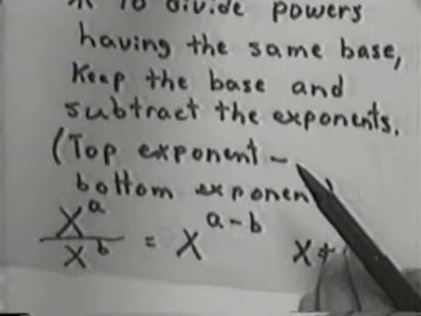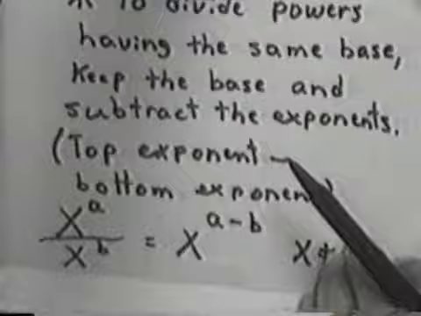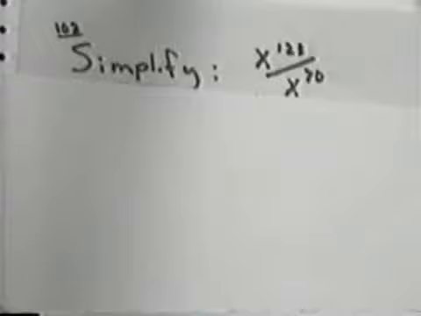This rule allows us to simplify expressions involving division with large exponents. Let's simplify x to the 123 divided by x to the 70th.